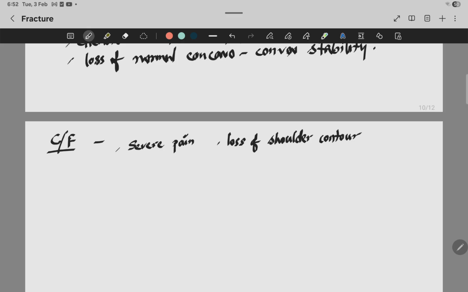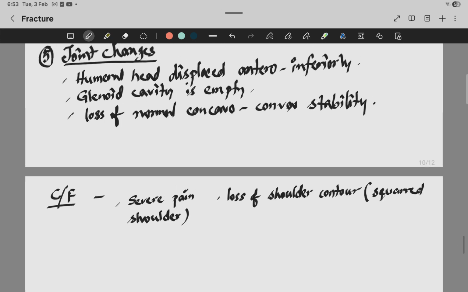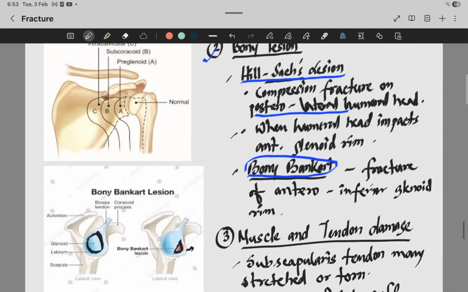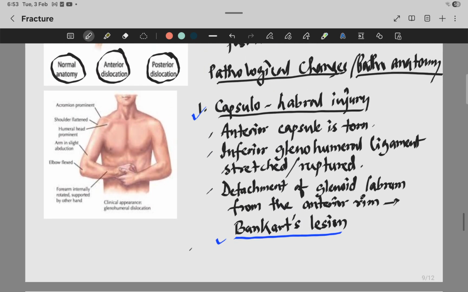The shoulder will be a squared shoulder. Squared shoulder means, see, normally the shoulder is rounded.